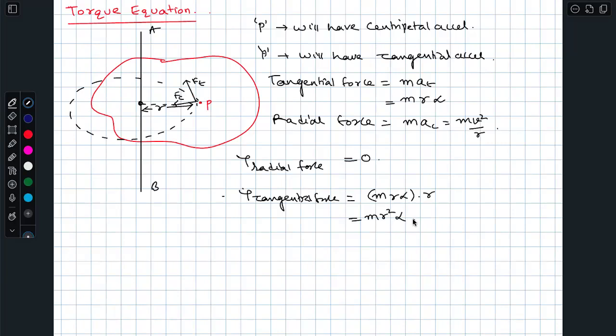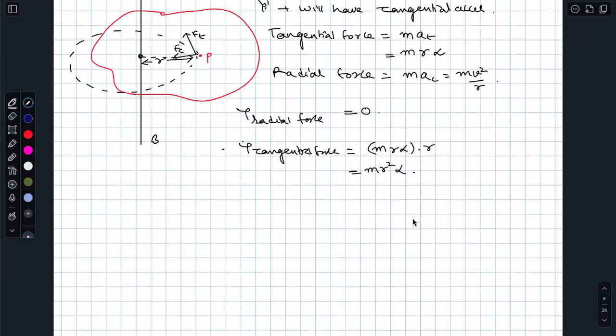So for a one particle system like that, you will simply write that torque is m r square alpha.